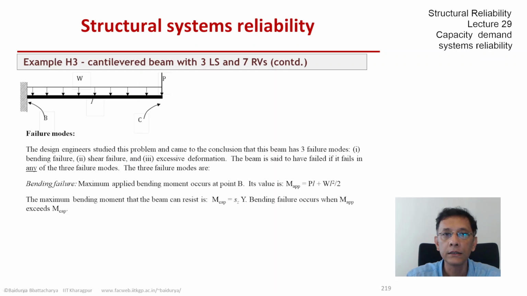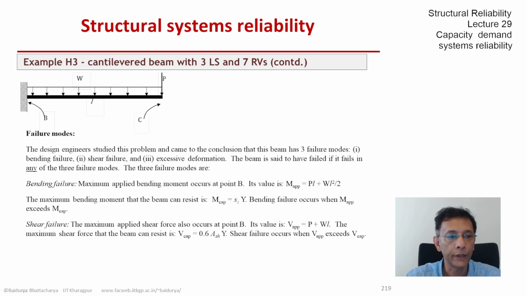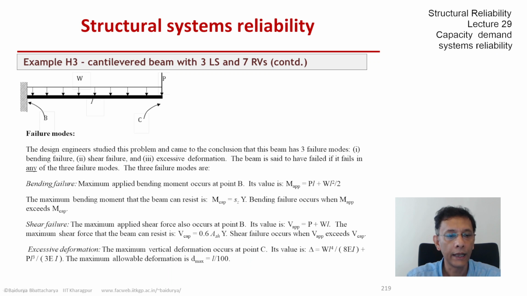You have the applied load or the applied moment and the moment capacity. So it's a capacity demand type formulation. So we have for bending, we have for shear, and we have for deflection. This time the limit on deflection is span over 100.